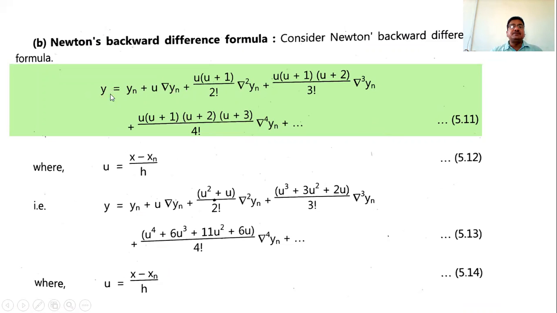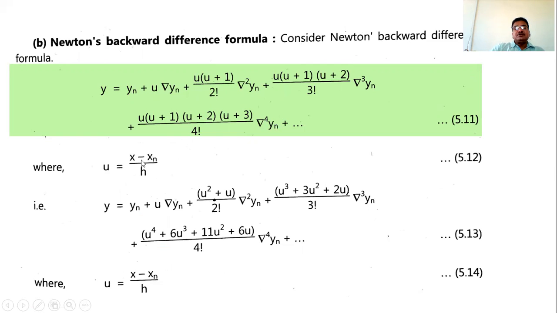This is Newton's backward difference formula. y is equal to yn, that is, replace y₀ by yn, and Δ by ∇, and the minus sign in u minus 1, u minus 2 is replaced by plus: u plus 1, u plus 2, u plus 3. y is equal to yn, the value at the last point, plus u ∇yn plus u(u+1)/2 factorial ∇²yn plus u(u+1)(u+2)/3 factorial ∇³yn, and in this way u(u+1)(u+2)(u+3)/4 factorial ∇⁴yn, and so on.